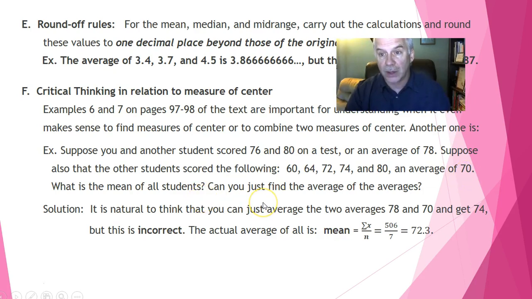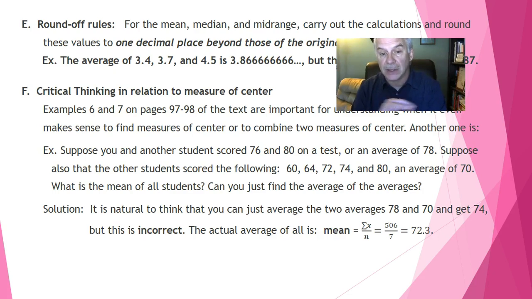If I wanted to know the average, or the mean, for all of the students in the class, the 2 of you, you and that other student, plus the other 5, could you just take the numbers 78 and 70, the average of those 2 groups, and average them together and get an average of 74?